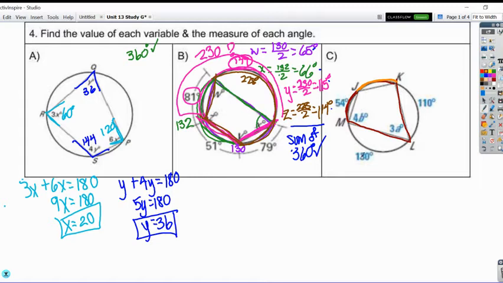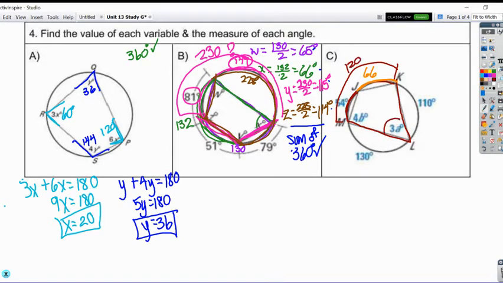Subtract the 54, subtract the 130, and subtract the 110 that we do know. So arc JK must have 66 degrees in it. This tells me then that the arc MK that I am looking for is going to be the 54 and 66 together. So I'm talking about 120 degrees over there.